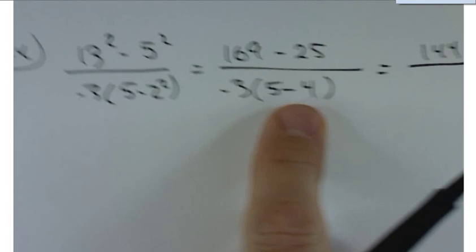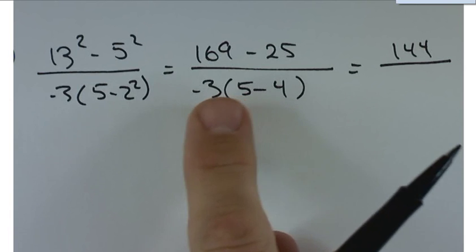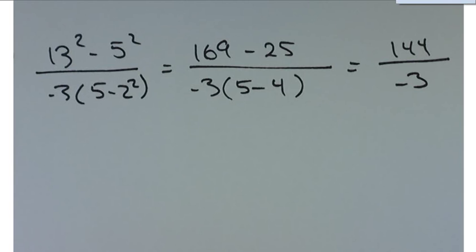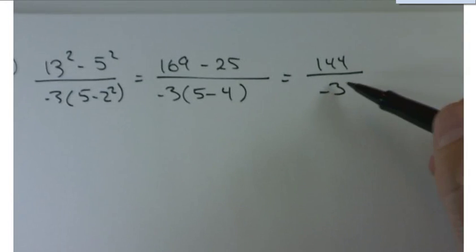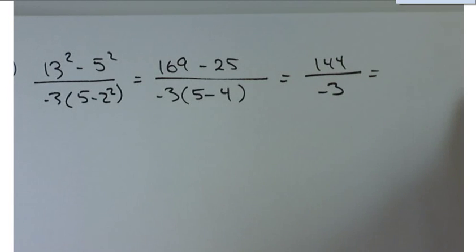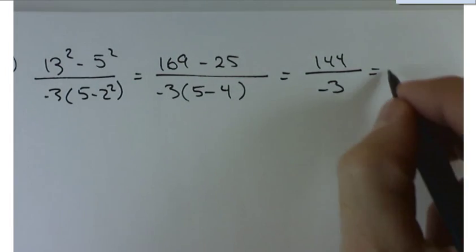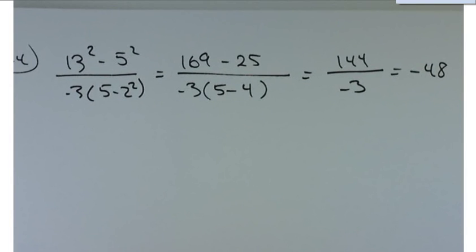How's the denominator going to clean up? Almost. Negative 3. So overall, when I divide this, am I going to get a positive or negative quotient? Negative. So negative, and 3 goes into 144 48 times.